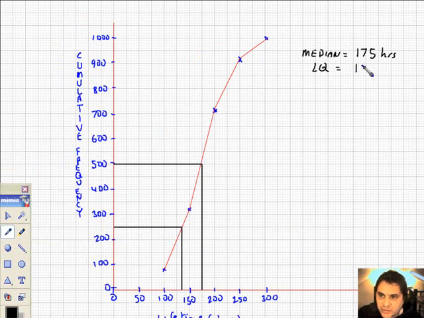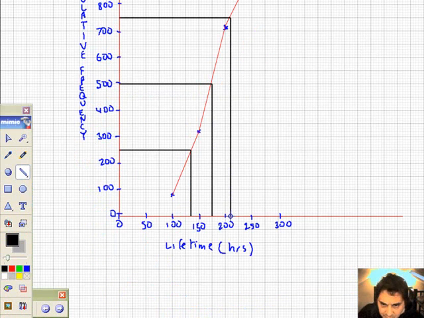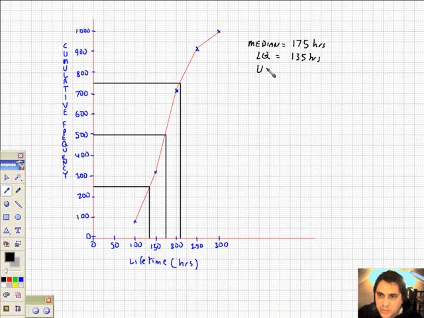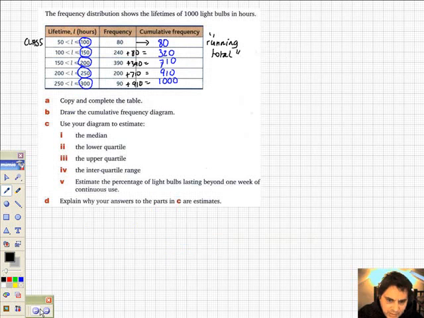Okay, 135 hours. Let's find the upper quartile, which is bulb number 750. Take it to my line, read down. 210, yeah, I accept that. So the upper quartile is 210 hours.